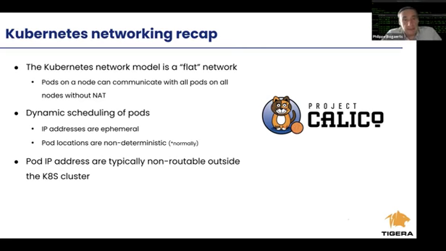Well, the underlying problem that we need to solve is that the Kubernetes network model was designed to be a flat network. No matter where you look at Kubernetes networking, whether it's public or private on-premise, the whole design is that it is one big flat network, which is typically referred to as the pod CIDR.